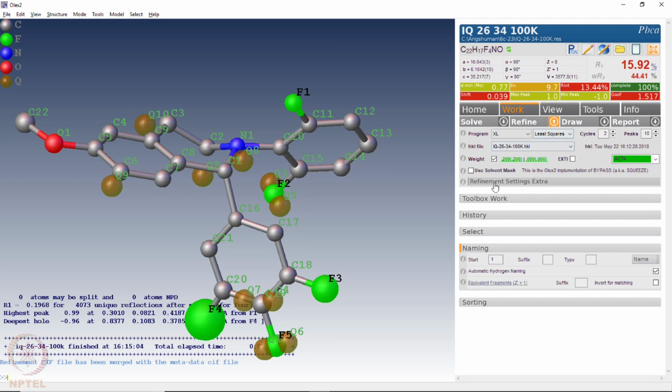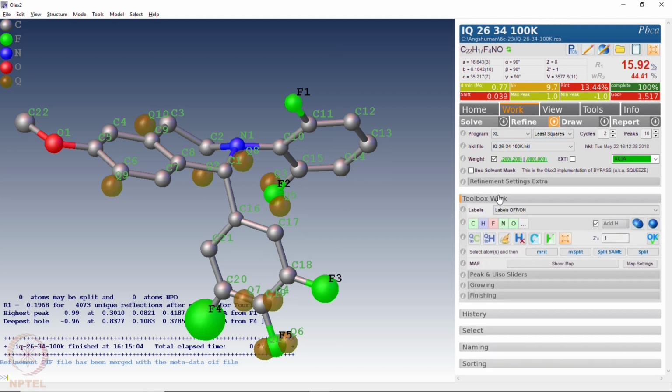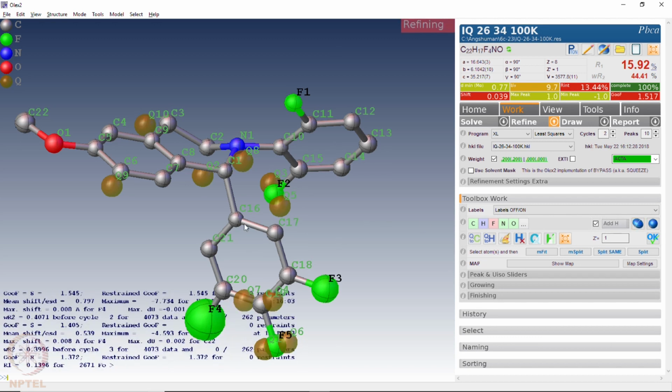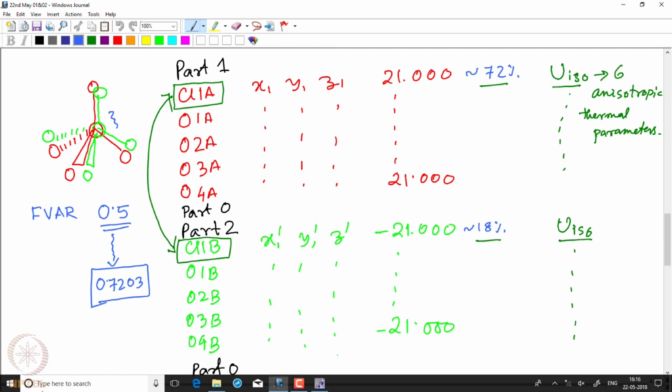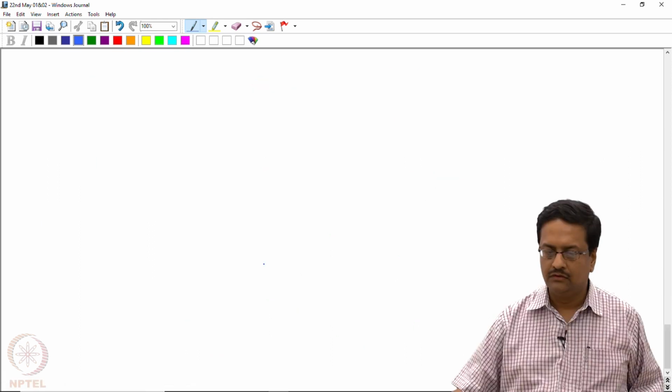We just continue the refinement as usual. We do it with anisotropic refinement, and we recognize that these fluorines are disordered because they are now rotated by 180 degrees.